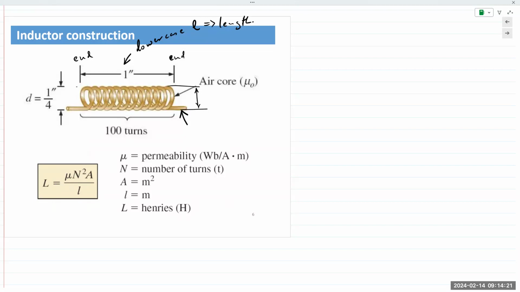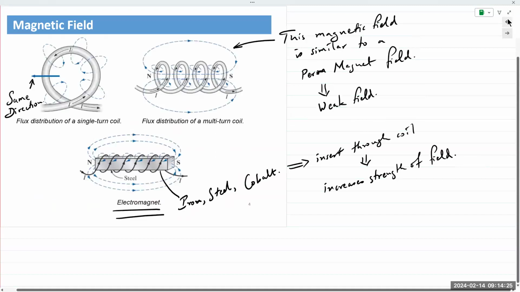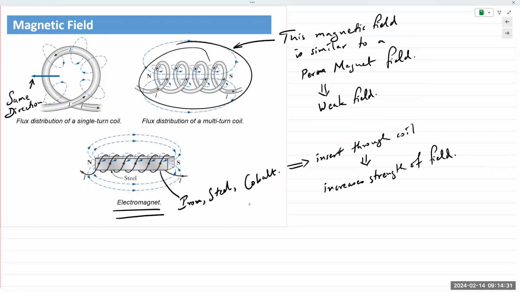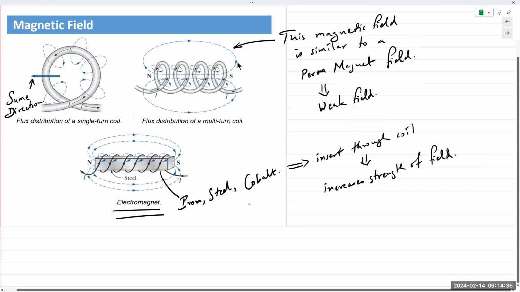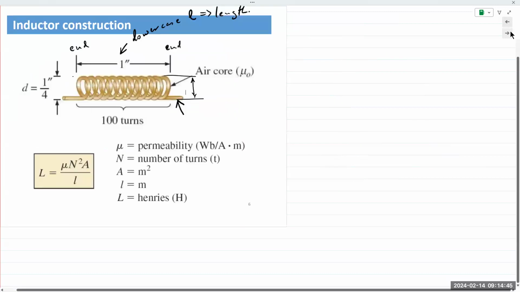As we saw two slides ago, if you only have air through the spiral coil, the magnetic field strength is weak. But if you insert a material with high permeability, the magnetic flux lines are established much more easily, and the magnetic field strength increases. So the inductance value also increases.